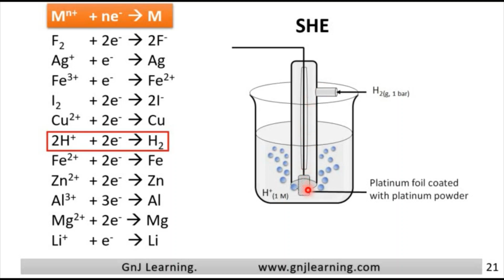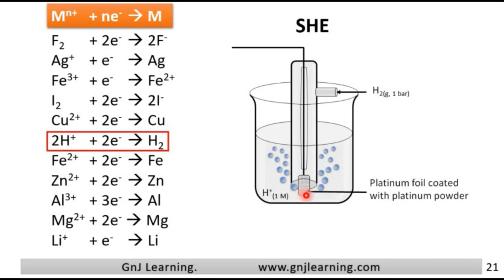And at the bottom end of the tube, a wire that is connected to the other half cell contains at the end a platinum foil, and this platinum foil is coated with platinum powder in order to increase the surface area so that the gas can easily come out of this tube.